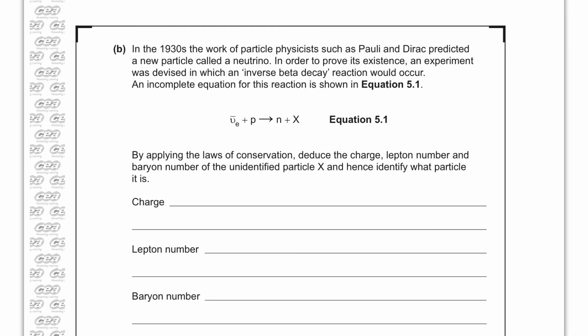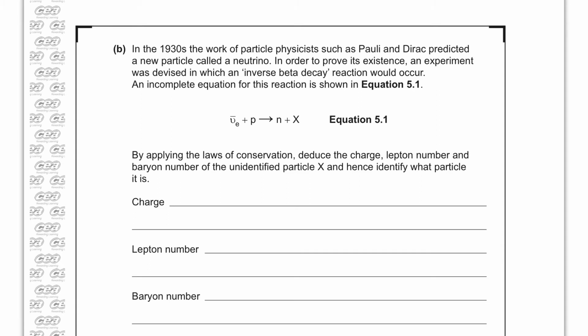Part B. In the 1930s, the work of particle physicists such as Pauli and Dirac predicted a new particle called a neutrino. In order to prove its existence, an experiment was devised in which an inverse beta decay reaction would occur. An incomplete equation for this reaction is shown in equation 5.1.